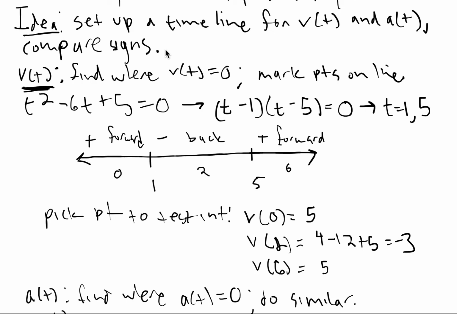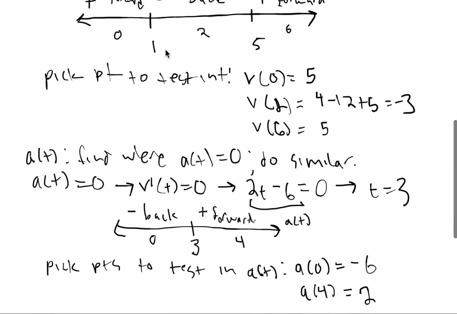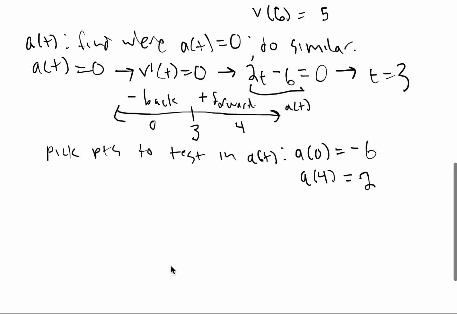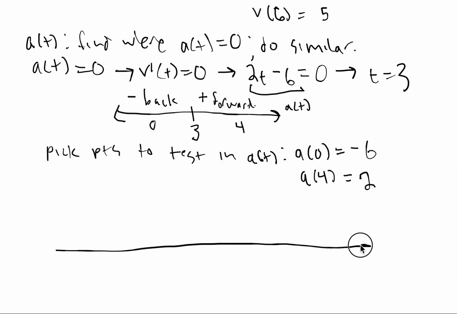So what I'm going to go ahead and do is now come up with a brand new number line where I actually mark all of the information that we just put up top, but this is just going to go all in one place. So the points of interest here were going to be 1, 3, and 5.